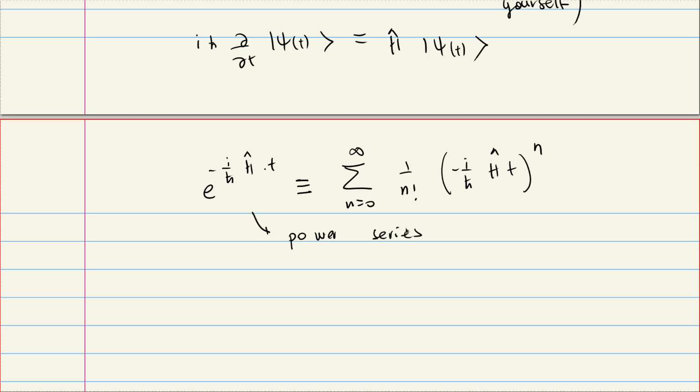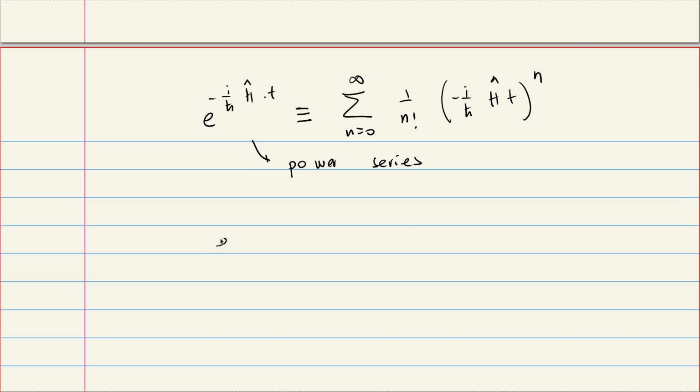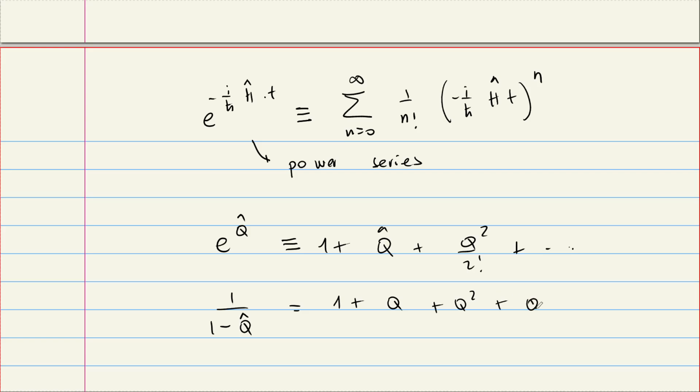And this is not just for H. For any operator, if you have e to the Q, this is defined as 1 plus Q plus Q squared over 2 factorial plus and so on. If you have 1 over 1 minus Q, this is the geometric series: 1 plus Q plus Q squared plus Q cubed plus and so on.